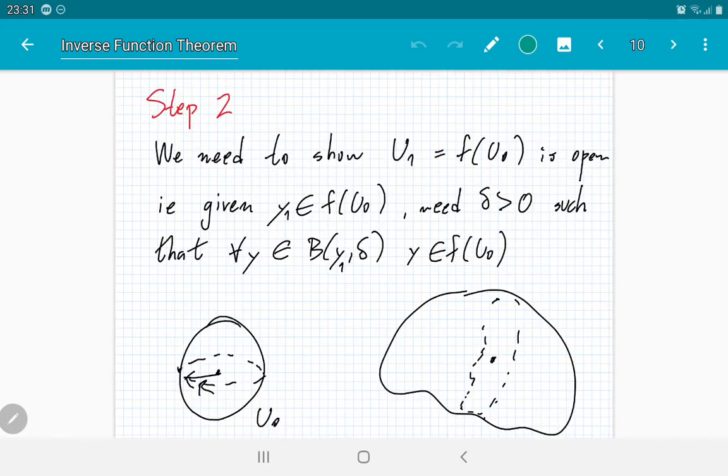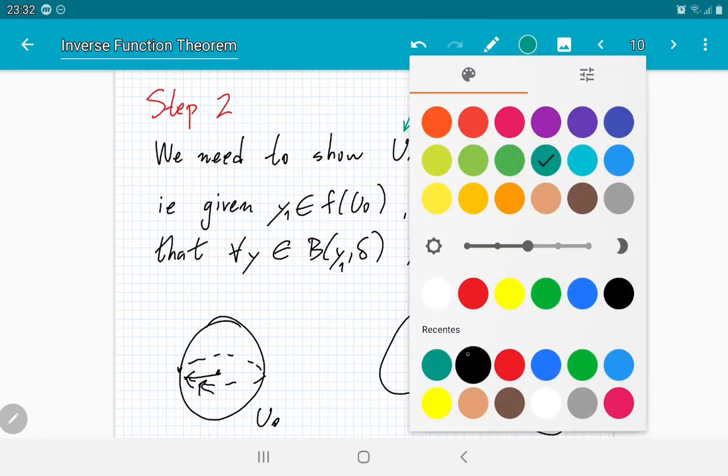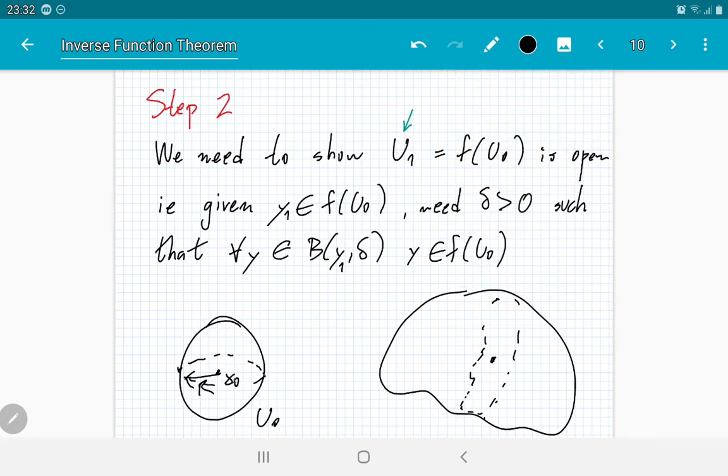I need to show that this image of u0 by f, the set u1, is an open set. And what do we need to prove that something is an open set? So here I have u0, just a ball around x0, and maybe this is y0 equal to f of x0.